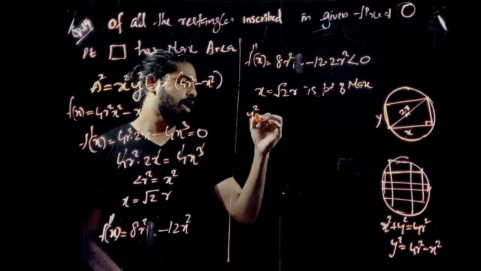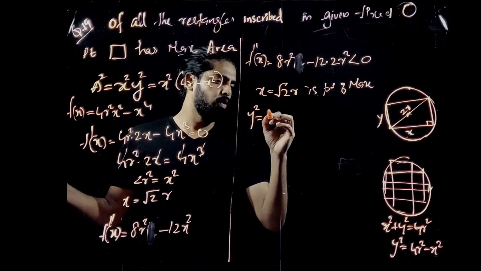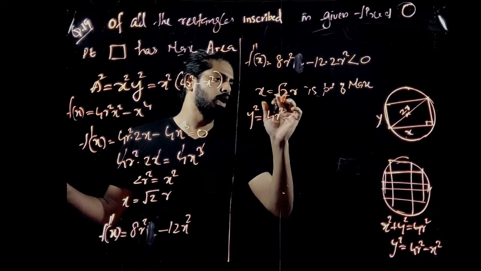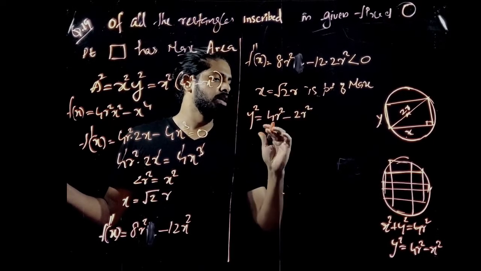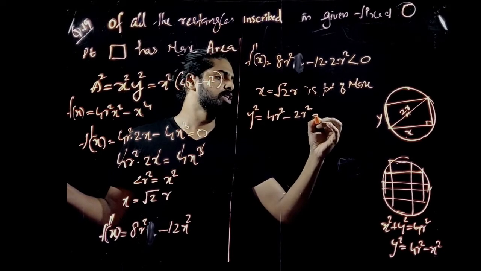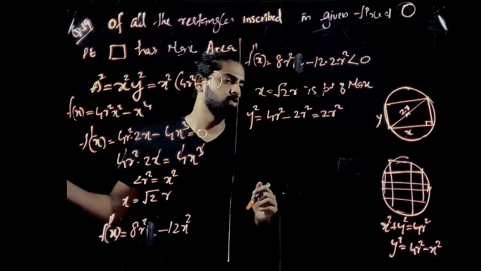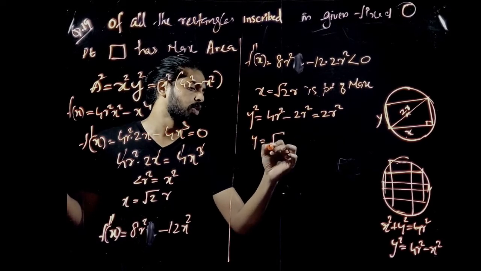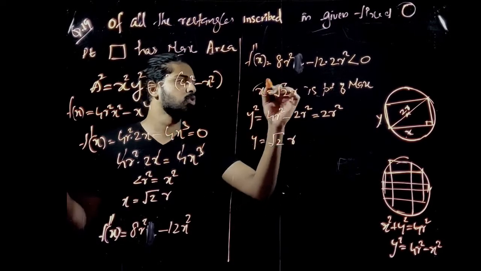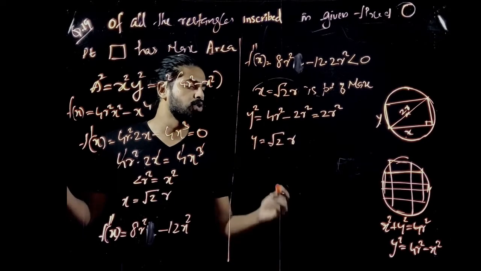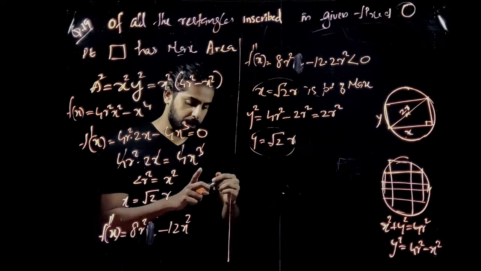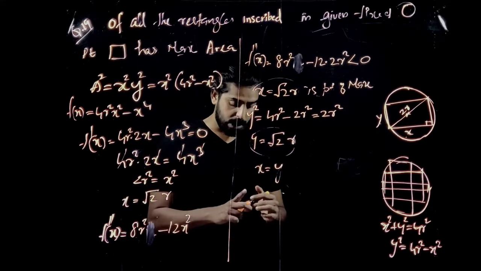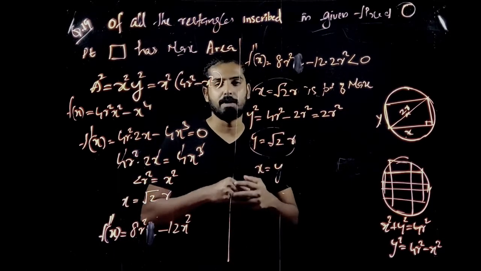So y square is equal to 4r square minus this x square. X square means 2r square. So 4r square minus 2r square, which is equal to 2r square. So y square is equal to 2r square. That means y is also equal to root 2r. So x is root 2r, and y is also equal to root 2r. That means x and y are equal, this rectangle is a square when the area is maximum.